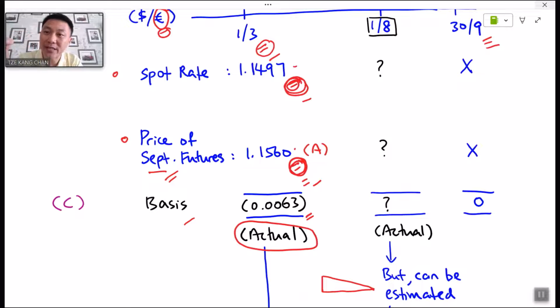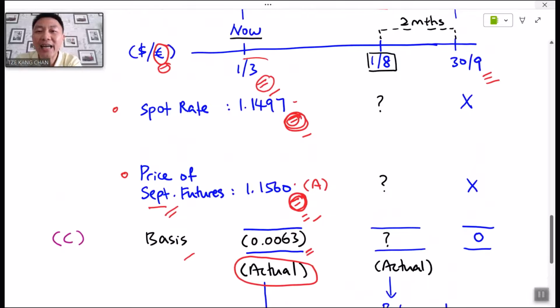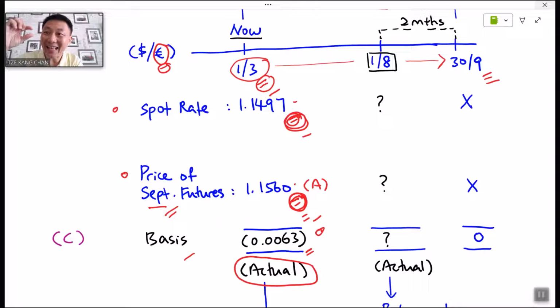Once the actual basis is known, as we have discussed earlier, as time goes on and approaches the expiry of the futures contract, the amount of the basis will get lower and lower until the expiry date of the futures contract at the end of September.